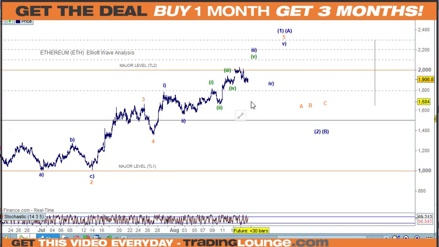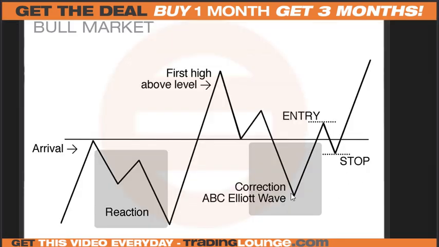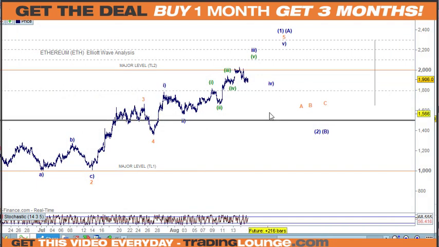As I sometimes mention, normally you would just trade to this number here, get out, and then we would see the market react from here, move above here. Basically getting this pattern here, the arrival, the reaction, the first high, but this is basically what we're looking at.